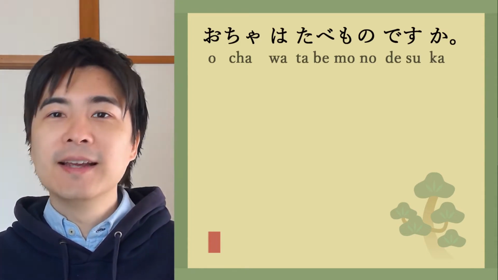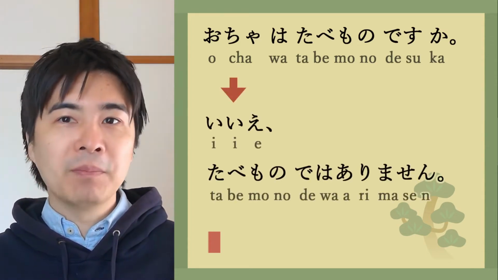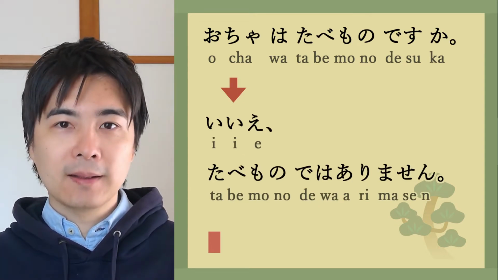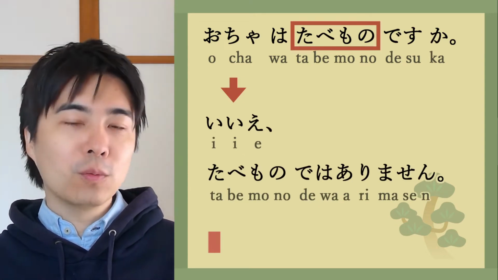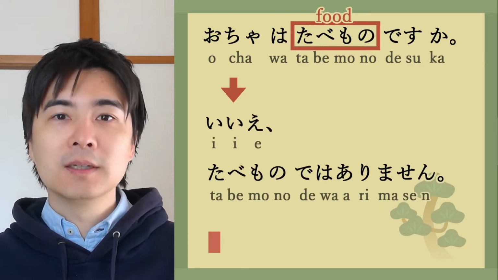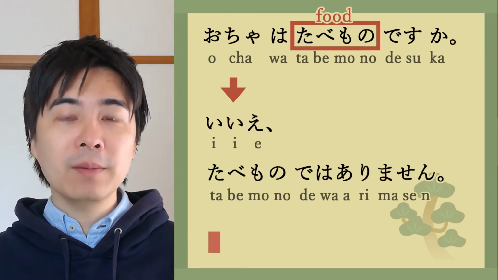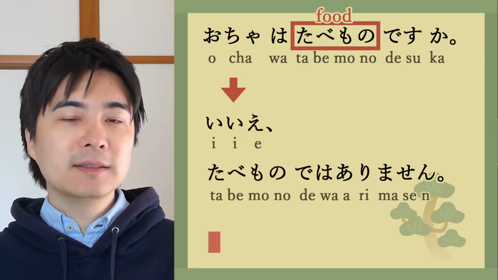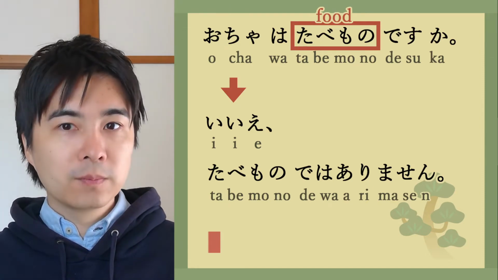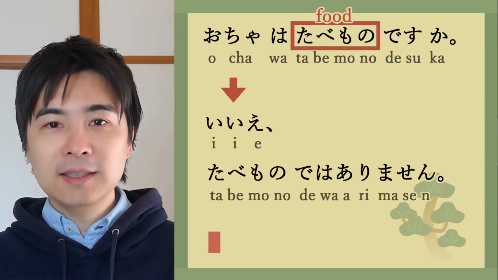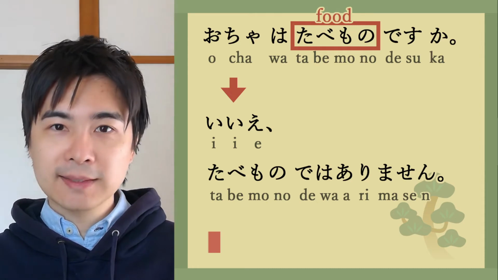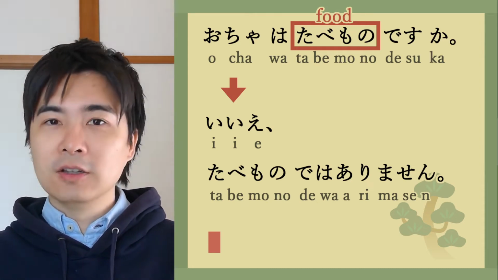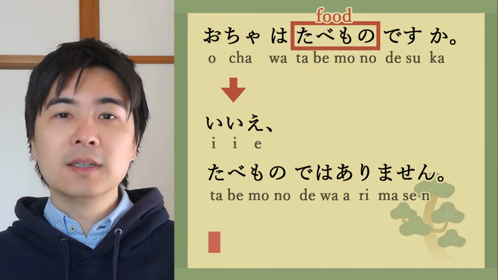And if someone asks you, お茶は食べ物ですか? You should say, いいえ、食べ物ではありません。食べ物 means food. So, お茶は食べ物ですか means is tea food? And いいえ、食べ物ではありません means no, it's not food.